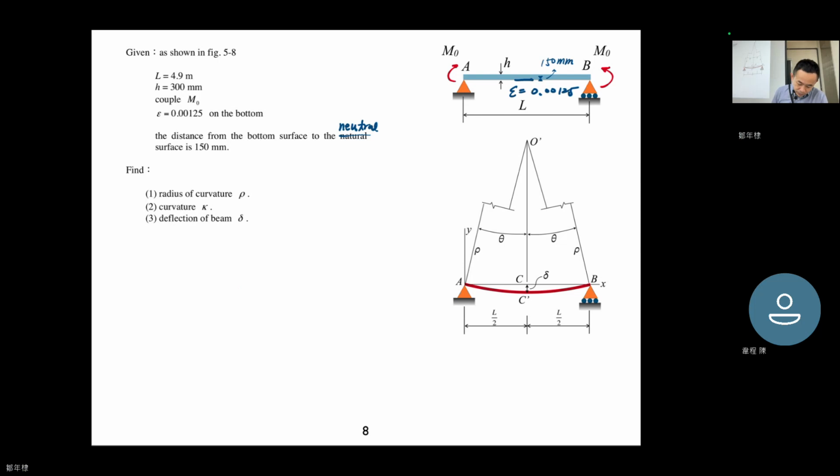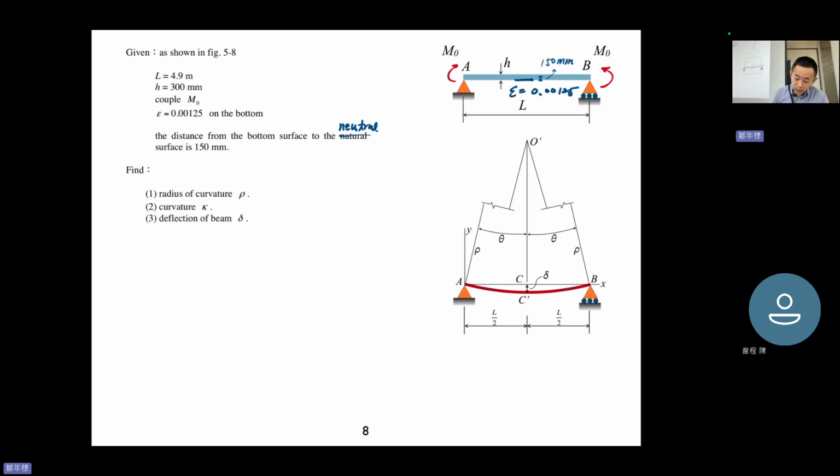Now find the radius, curvature, and deflection of the beam. The deflection of the beam is the middle part of the deflection, from the original point to the end point after the deformation.